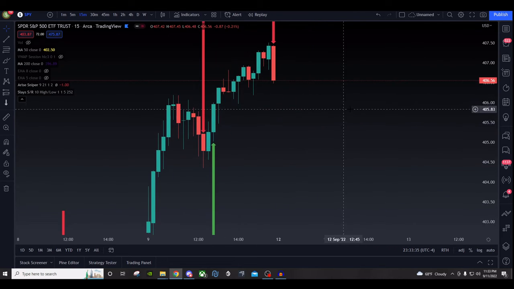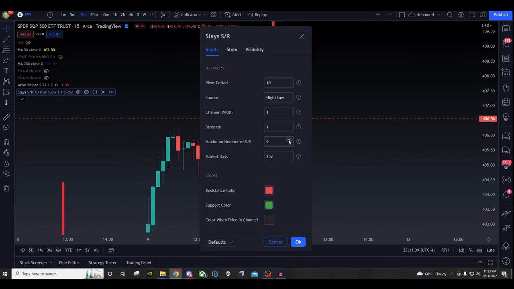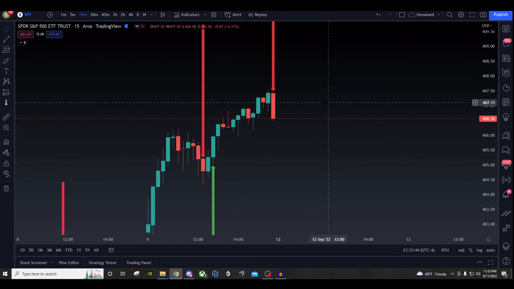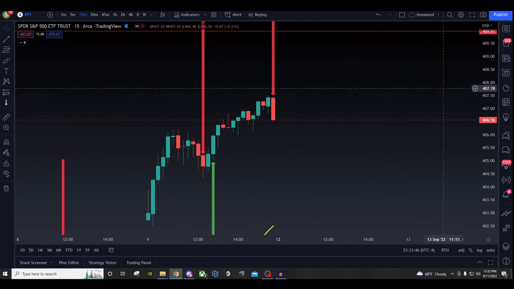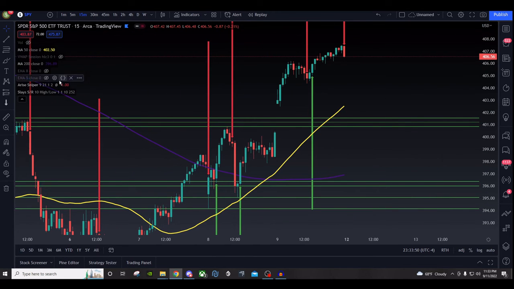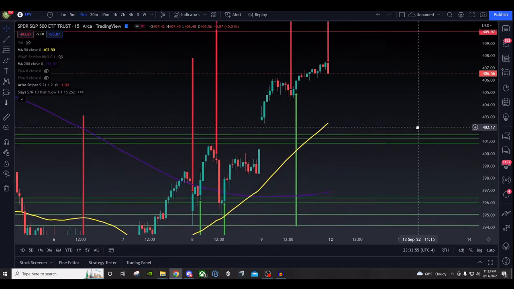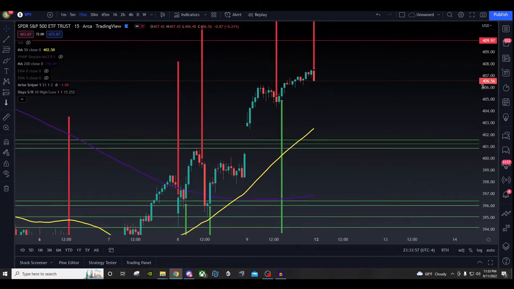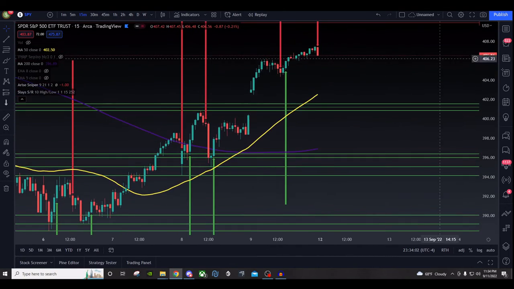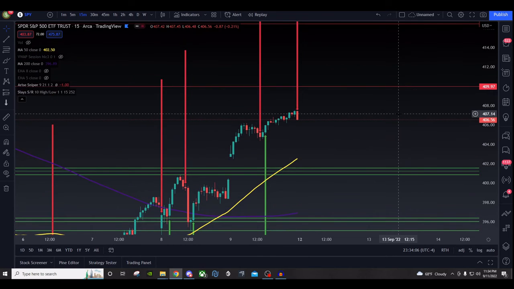Wait for it to load. Like I said, it works really well with the sniper. So this is actually showing when we have room down, but we also have room up.